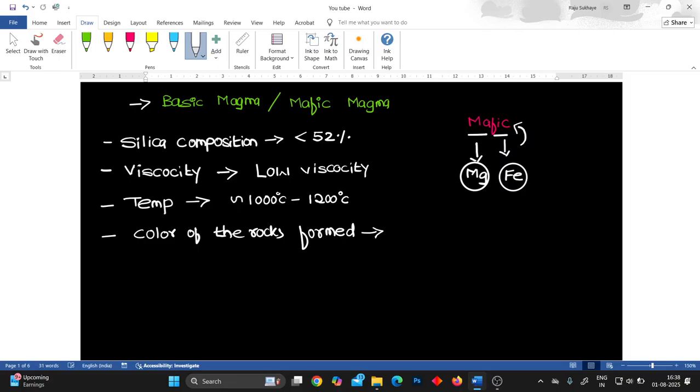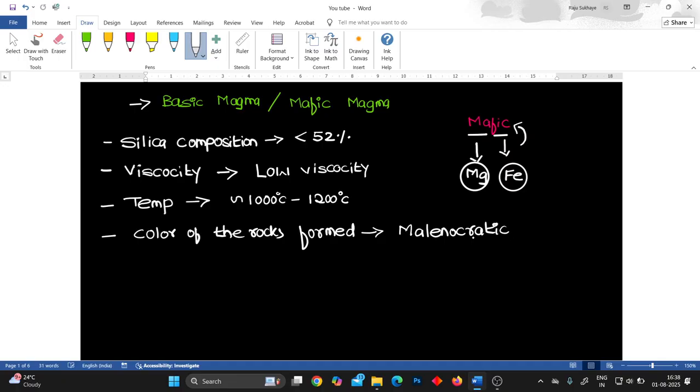As this is having more minerals which are rich in magnesium and minerals which are rich in iron, definitely it will be having some dark color. The igneous rocks which are dark in color and rich in these elements and minerals are said to be melanocratic.